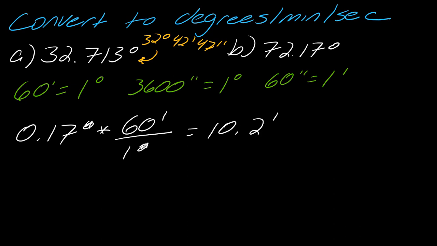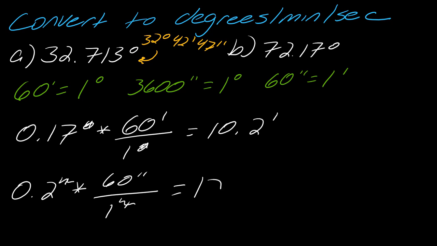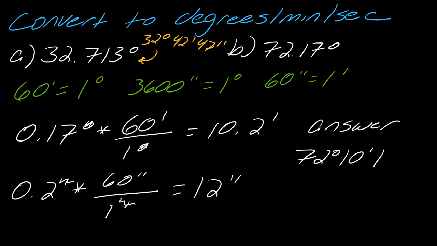And so now I want to take that decimal, that 0.2, and I want to convert the minutes to seconds. In 1 minute there are 60 seconds. Once again, I notice that my minutes will drop out like so. And so then this just equals 12 seconds. Okay, so now my final answer is going to be 72 degrees, 10 minutes, and 12 seconds.